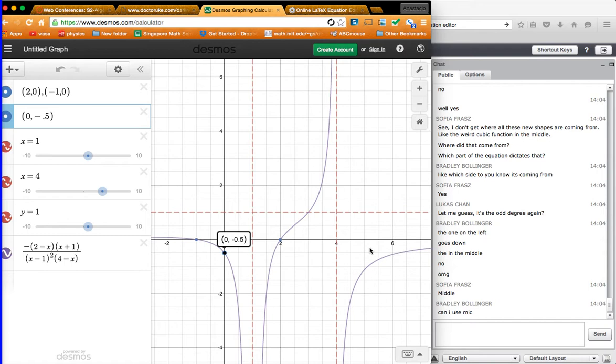Okay, so like, you see how the one on the far left goes down? Yes. To infinity, how do you know, does it come from negative and go up to infinity and then reappear back on the bottom, or does it go down, reappear from the top, go down, and then come back around on this side?